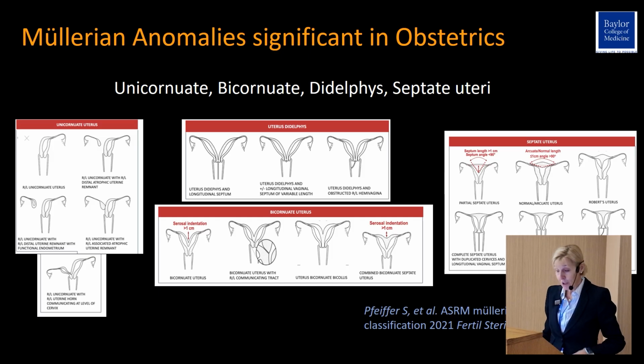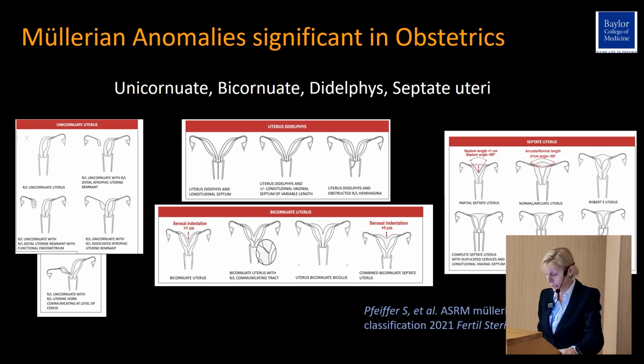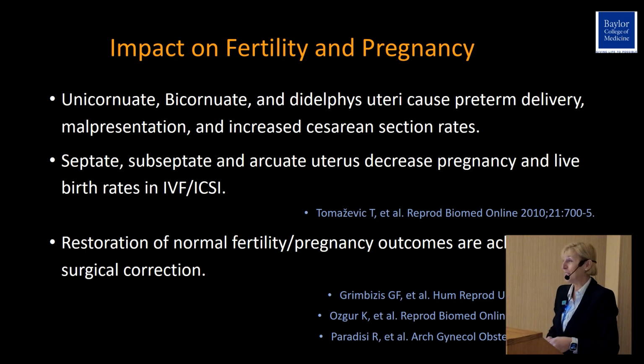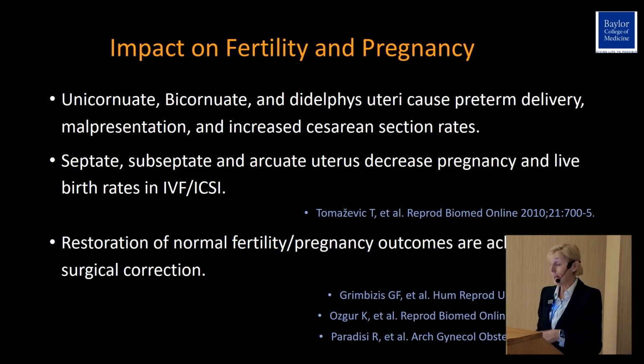So these are the four that we will focus on today, and these are depicted here by Dr. Pfeiffer in the MAC 2021 classification, and I'm actually part of that task force for the MAC 2021, so I'm a little biased possibly in presenting you all these pictures from the American classification and not the ESHRE, but we will touch on the ESHRE as well.